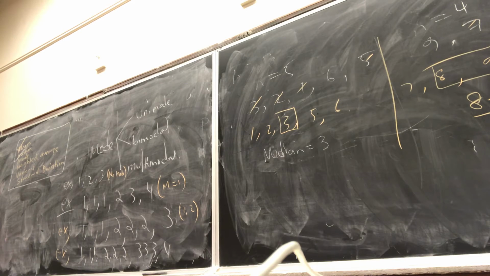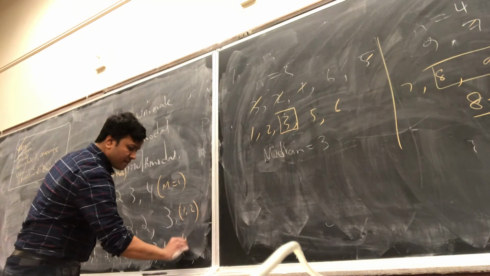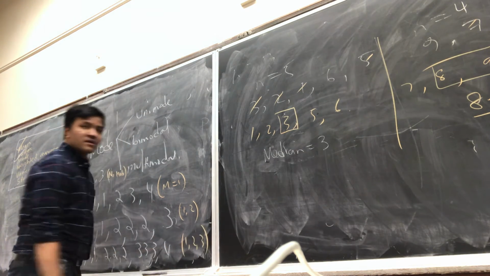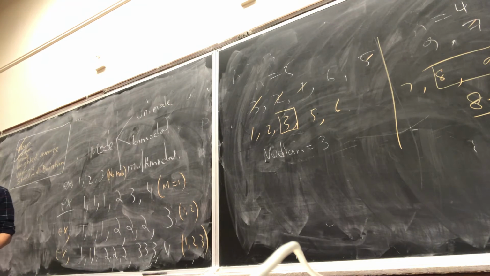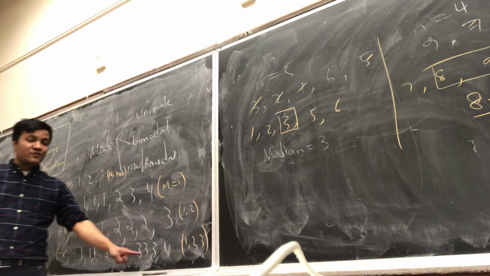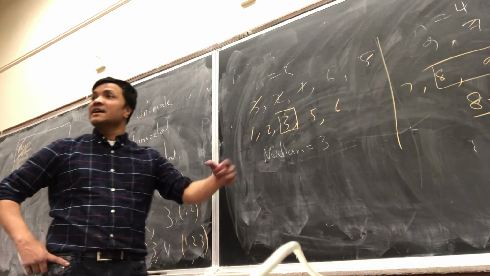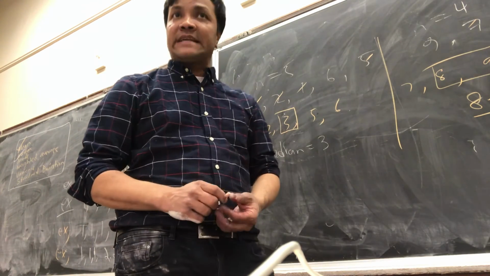The last one, 1, 2, and 3, so it's multimodal. If things like that keep happening, 1, 1, 1, 2, 2, 2, 3, 3, 4, 4, 4, 4, 4, 4, 6, 6, 6, then it's also multimodal, right?